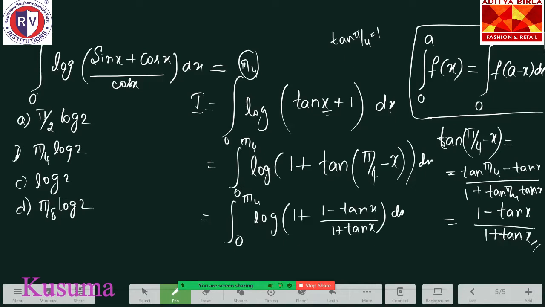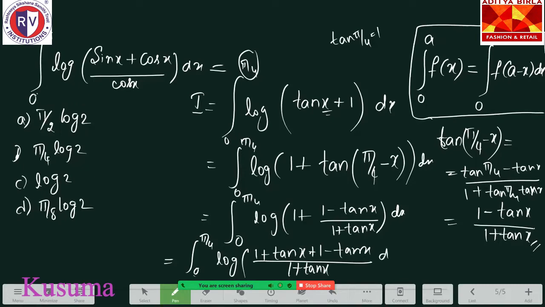So this will be integration from 0 to pi by 4 of log of ((1 plus tan x) plus (1 minus tan x)) divided by (1 plus tan x) into dx. Here tan x and minus tan x cancel to give us integration from 0 to pi by 4 of log of 2 by (1 plus tan x) into dx.